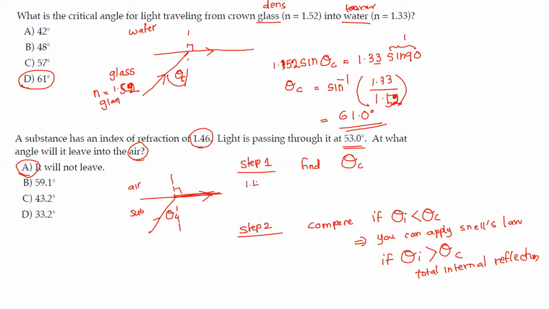So 1.46 times sine theta c is equal to air, n equals 1, times sine 90. Sine theta c is 1 divided by 1.46, and your theta c will be sine inverse of that.